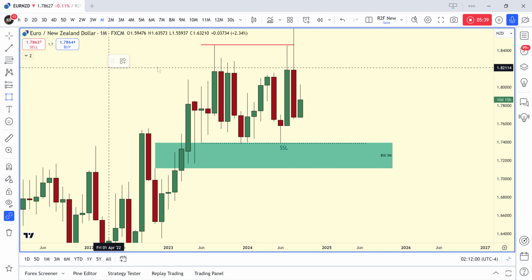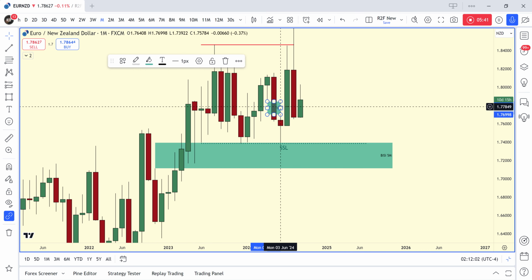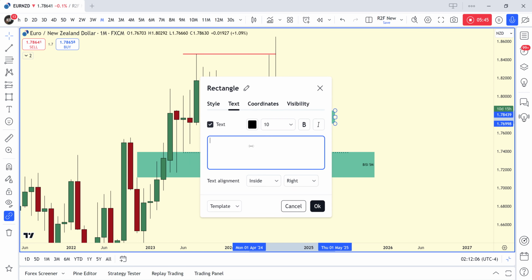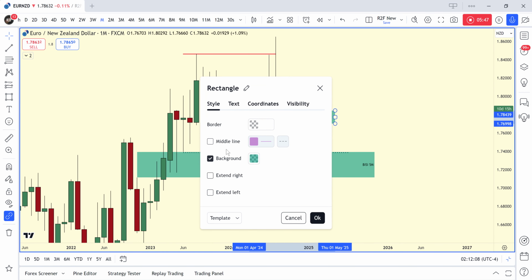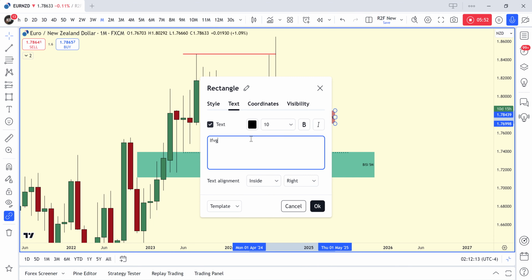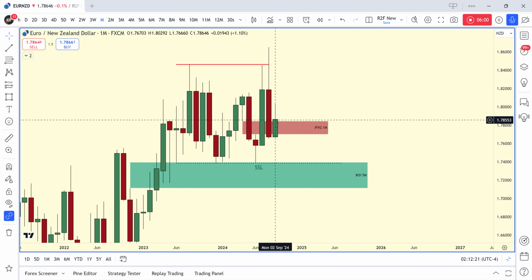I almost missed this here. This inversion fair value gap. Okay, I'm going to highlight it in a different color. IFG, 1 month. Okay, so this month's not closed yet.